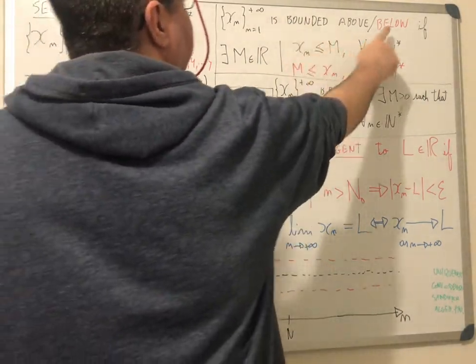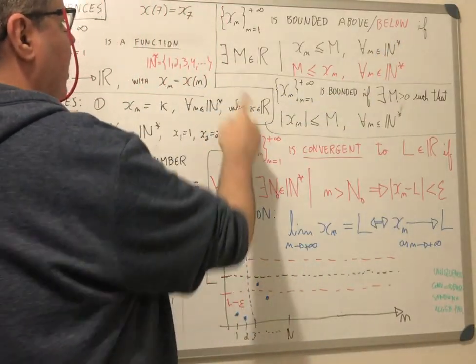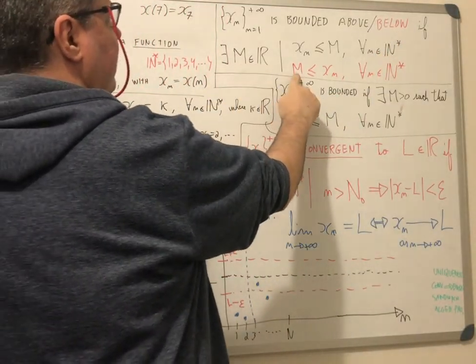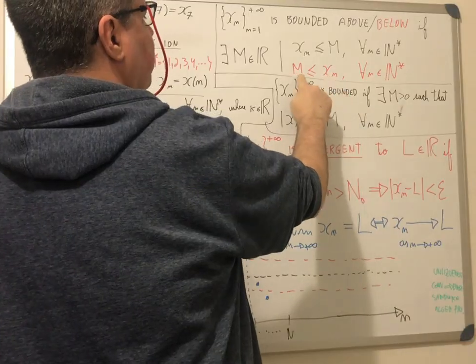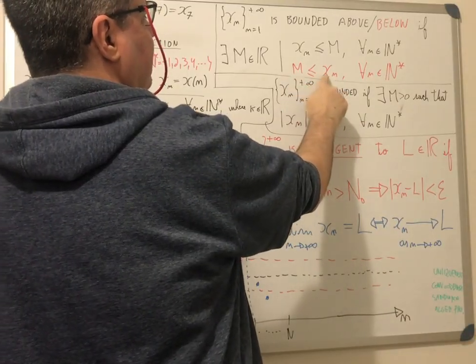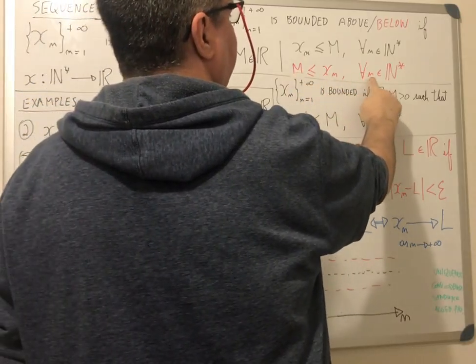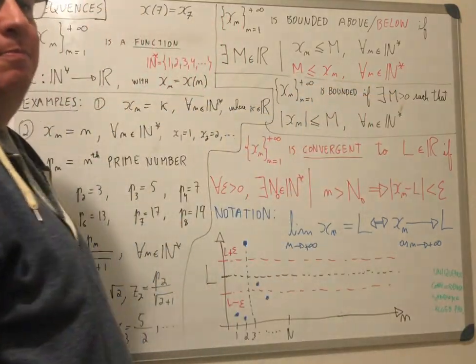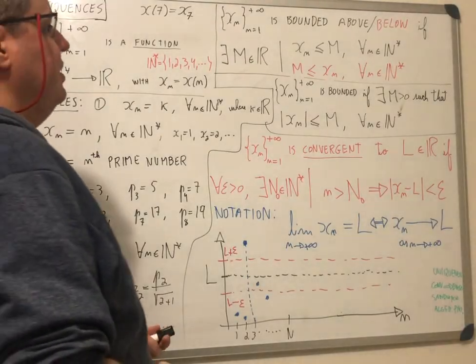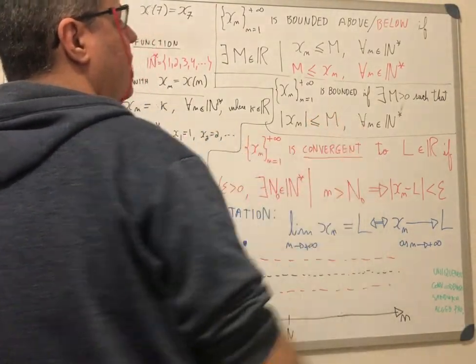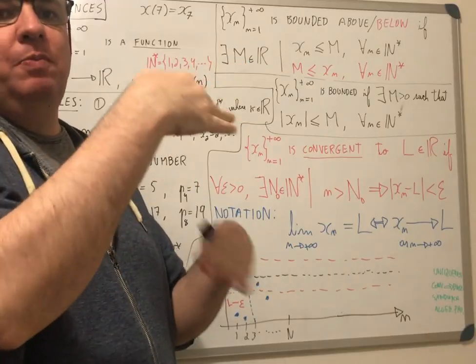And it's bounded below if there is a real number m such that the sequence never goes below this m. The sequence is equal to or above the value m, always, for all indices n. And finally, a sequence is bounded if it's bounded above and below.